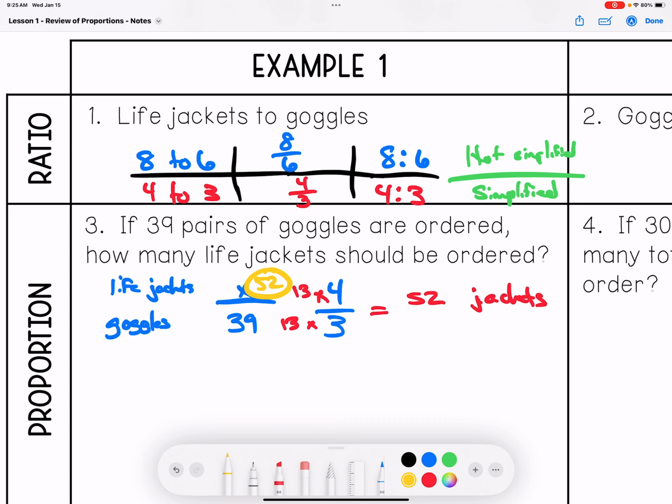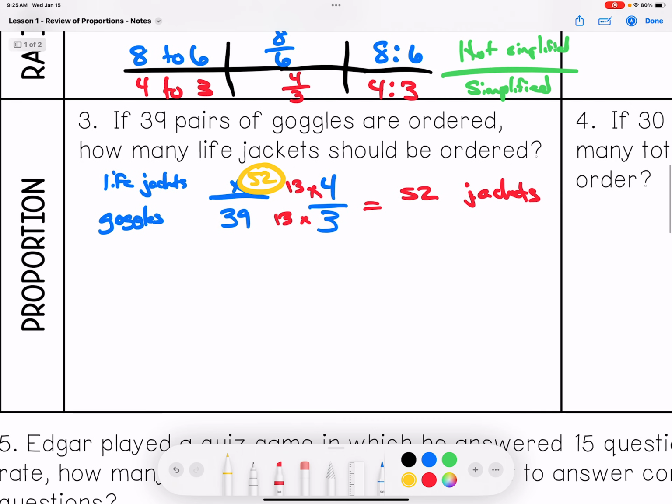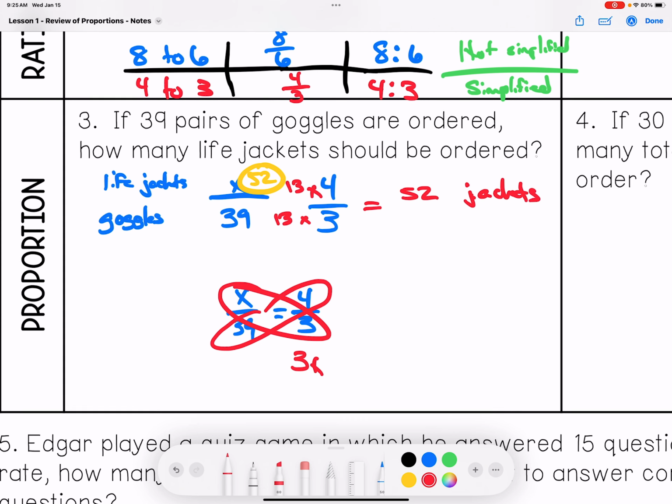Now, the other way to have done that is the butterfly. And let's do that. 39 times 4, and then 3 times x. So 3 times x is 3x equals 39 times 4, which I'll be honest with you, I really don't know what that is. 40 times 4 is 160 minus 4, so it's 156.